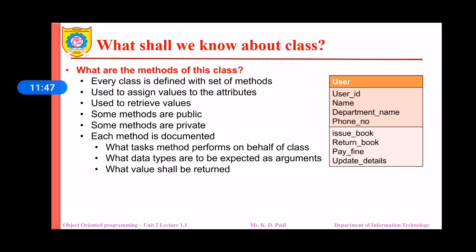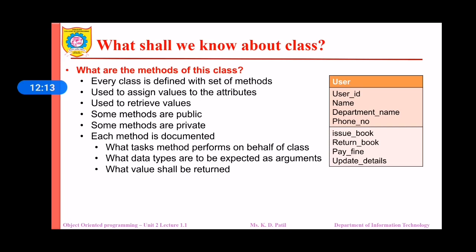Public methods can be accessed by other classes also, but private methods are accessible to that respective class only. Then each method should be documented, and in that documentation we should mention what task the method performs on behalf of the class.